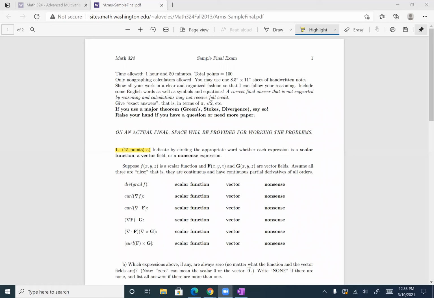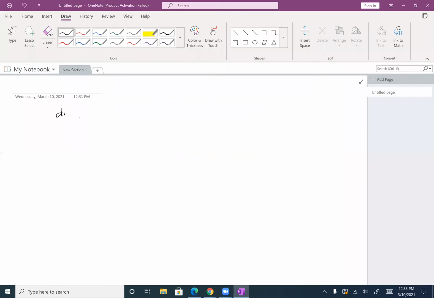Just to recall what all these things mean. We're being asked if all these expressions here make sense. So let's start with div grad f. We see that the divergence of the gradient of f is actually the same as this dot product, right?